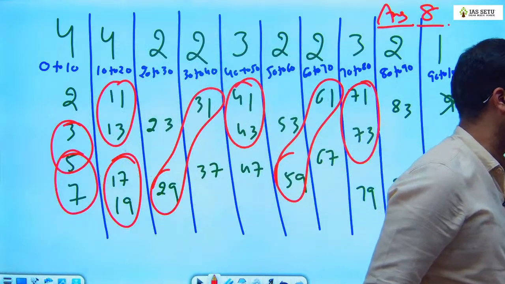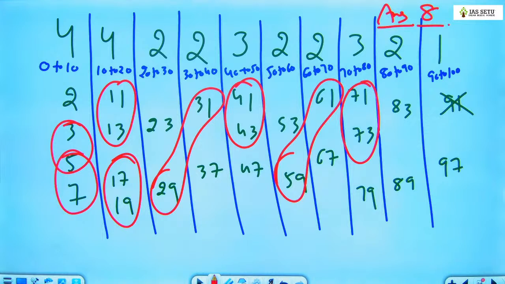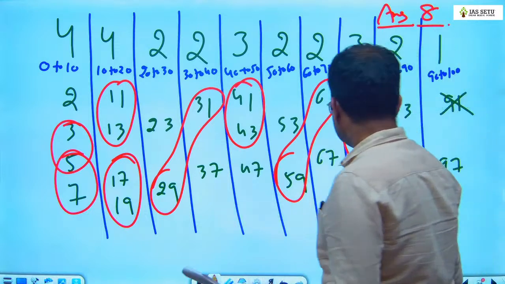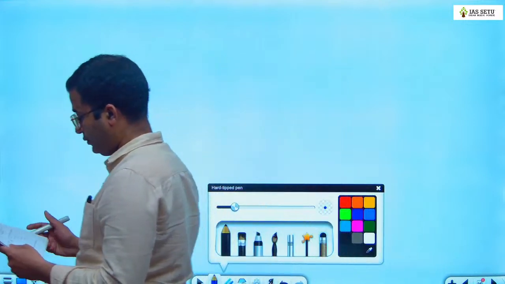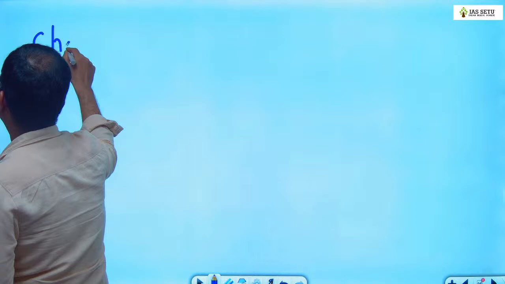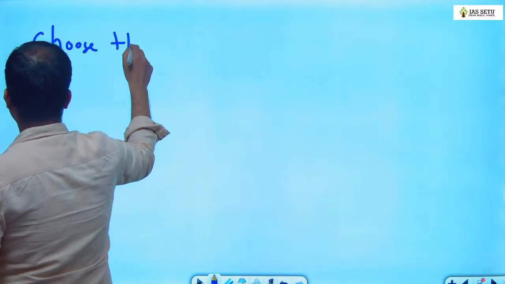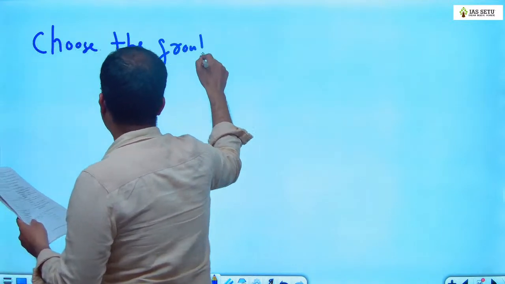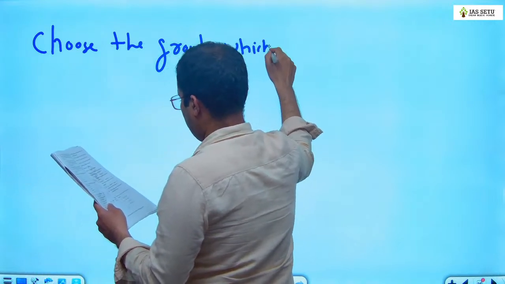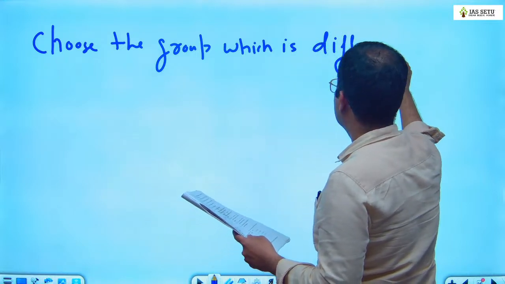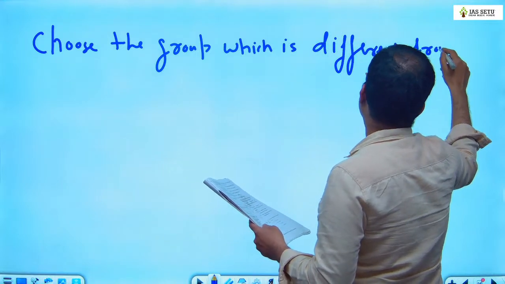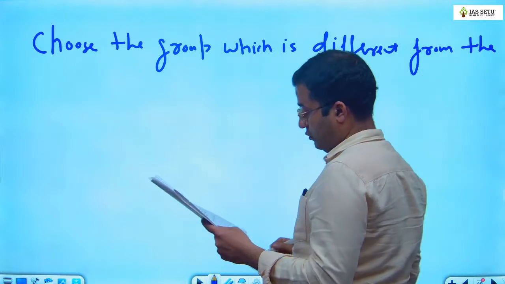Now here, in 2023 they asked a question in the number series topic, indirectly based on this prime number. I ask you the same question: choose the group which is different from the others.